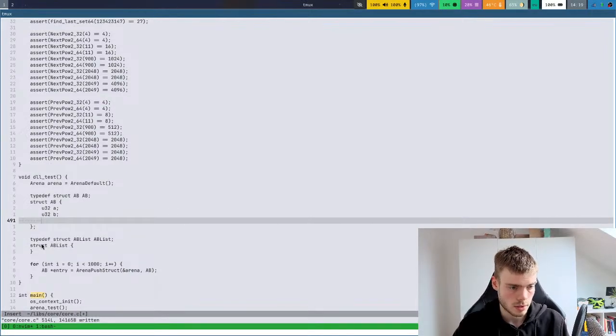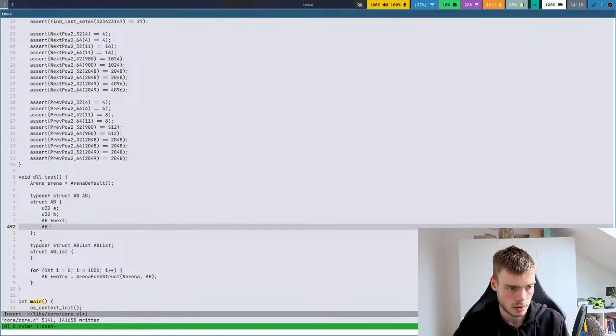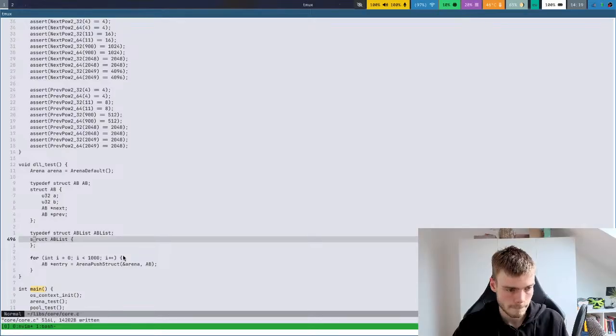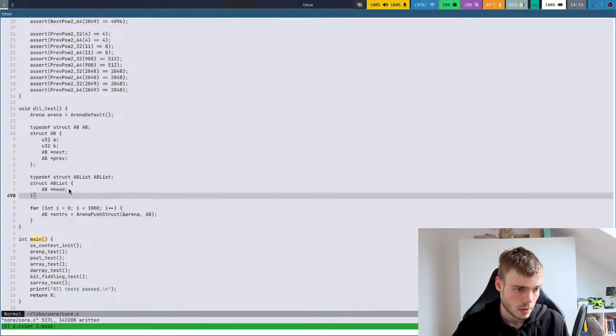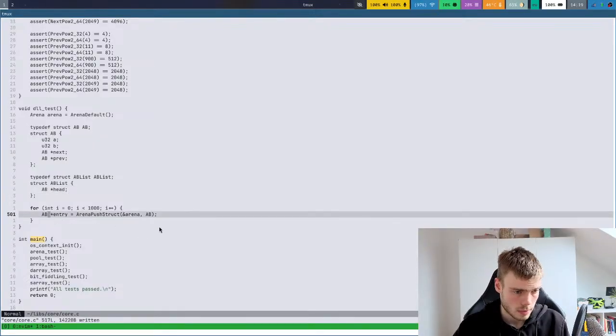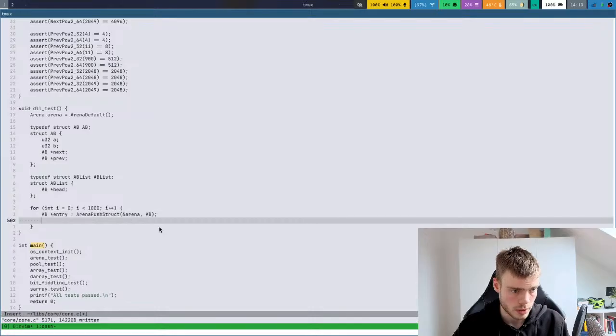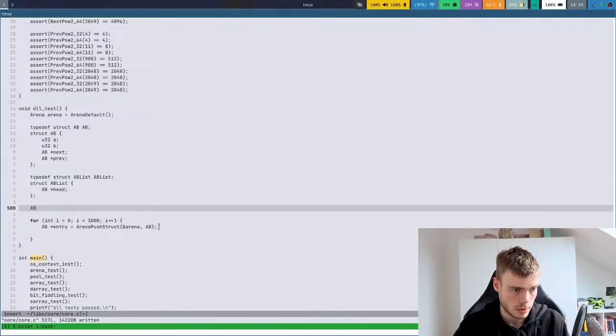Let's say this also has an AB star next, AB star prev. List. AB list has a head, and say AB list our list.